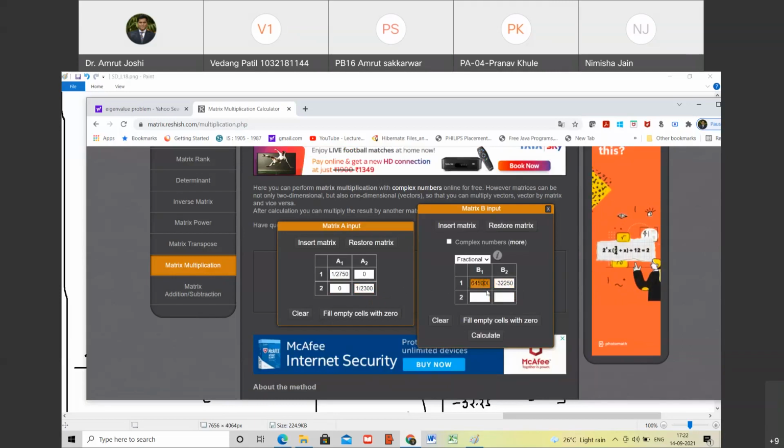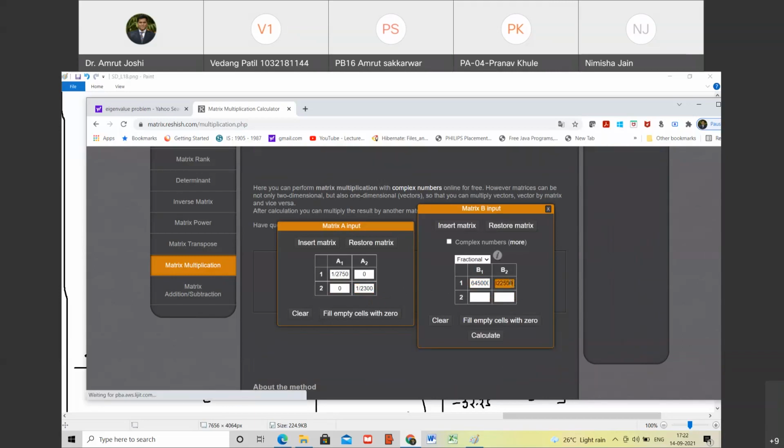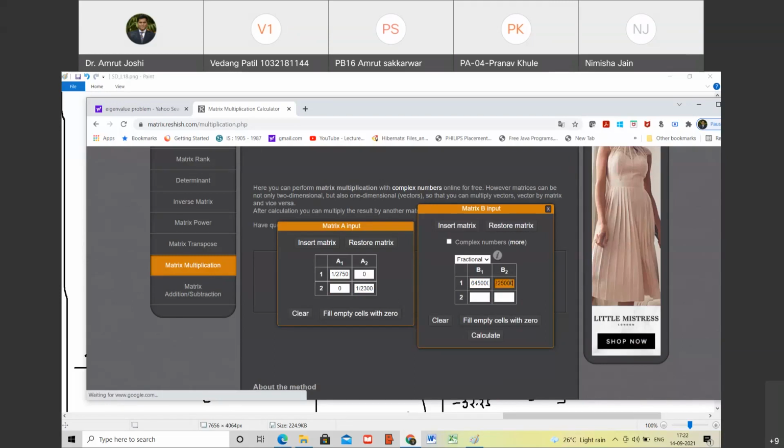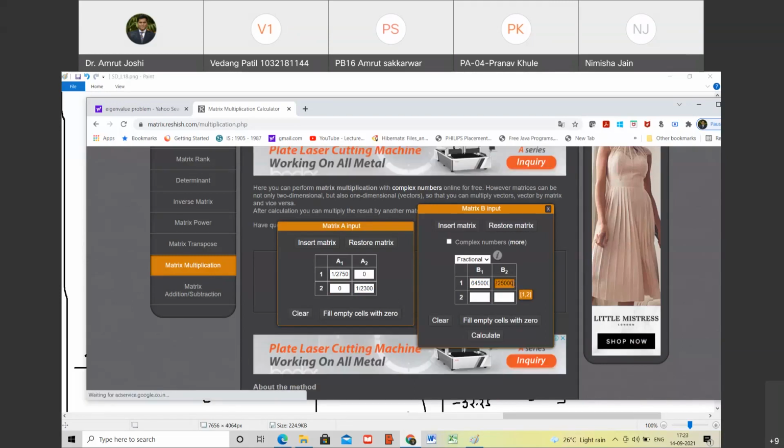Now it is correct. Yes. Minus sign. Right? This is also a minus sign. But this is the same value with a plus sign. Yes.